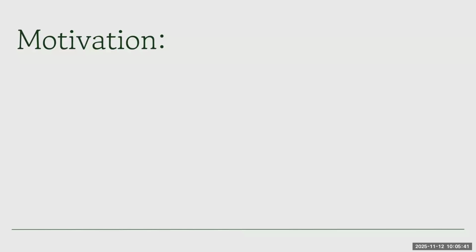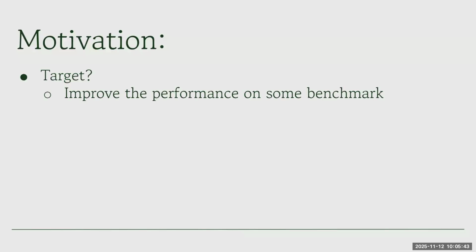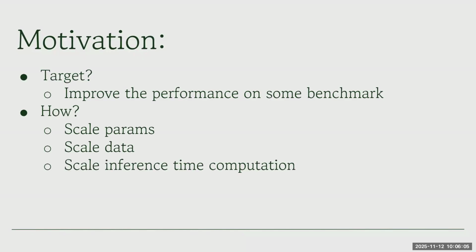The basic motivation is we have some benchmark that we want to improve our model on. Then the common approach is, okay, let's just scale. But what do we scale? We scale parameters, add more layers, increase the hidden dimension. We scale the data, create more synthetic data sets, or we scale the inference time computation.